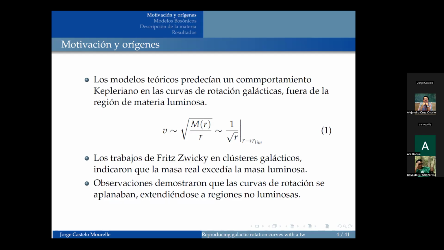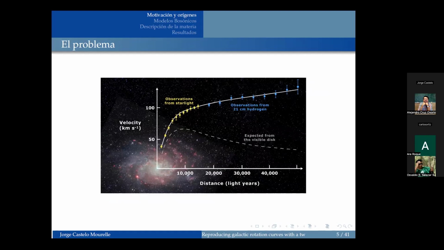Then people started to make empirical observations of rotational curves, and they reached the conclusion that we were missing something in the movements. Why? Because if we study the observational rotational curves, that is how matter moves around galaxies, and we take into account what we see, luminous matter, we expect this kind of decay.